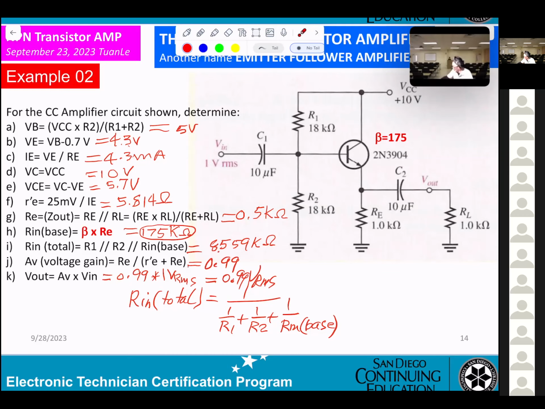R in base right here, we calculate, we get 175 kilo ohm. That's what we need to know. Input and output are in the same phase. Both go up, both go down. And the gain is almost equal to 1. Input and output almost the same. The only difference is the input impedance is very high.